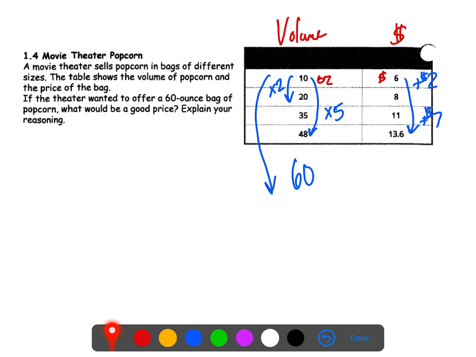And let's say we want people to buy it. Let's go up $2. Well, yeah, maybe 15 or $16 would be a reasonable price. And this is all just based on what we're seeing in that menu.